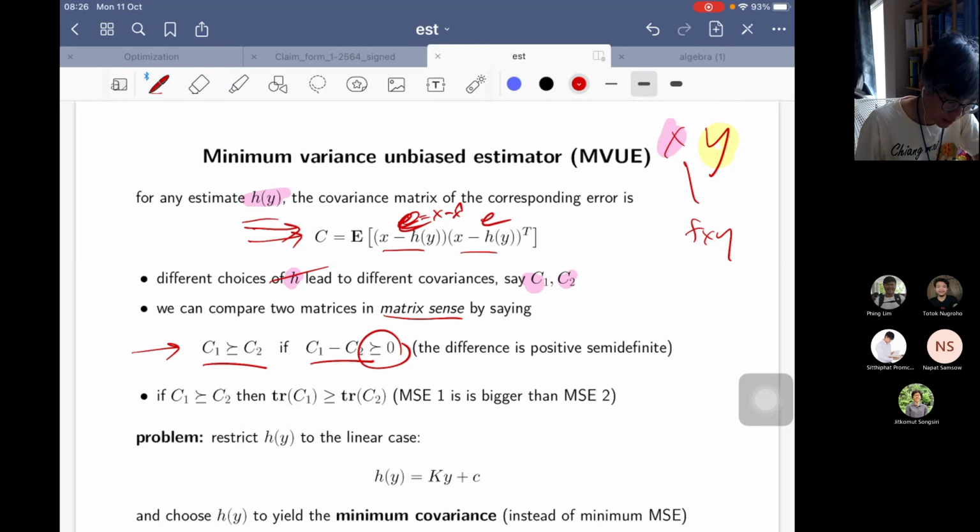And we know that when a covariance matrix C1 is bigger than C2, that is a stronger condition, because it also implies that the trace of C1 is bigger than the trace of C2.